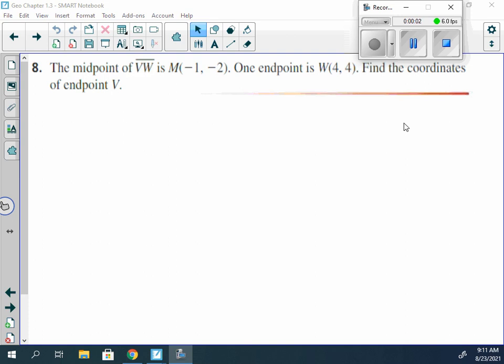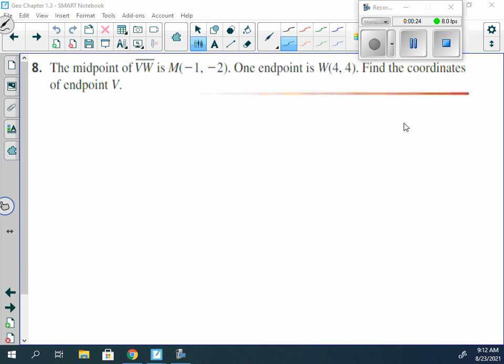So we'll start here. We finished this up on Friday. I believe we did this problem, but this here is dealing with the midpoint formula. The midpoint formula is (x1 plus x2 divided by 2, comma, y1 plus y2 divided by 2).